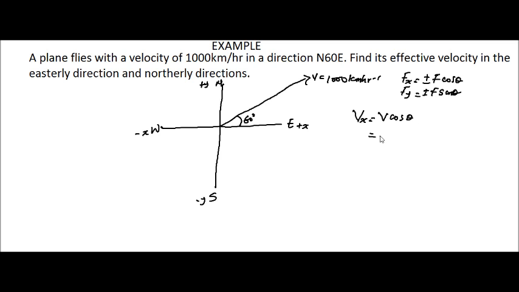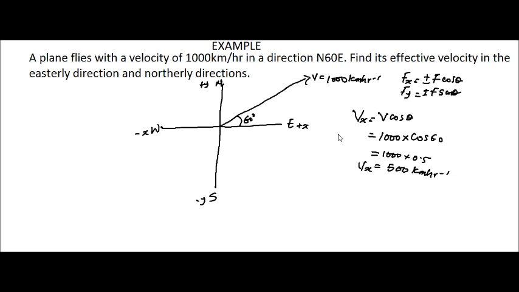So the velocity is 1000 times cos 60. That will be 1000 times 0.5. So cos 60 is 0.5, right? I'm very sure of that. So that will give us 500 kilometers per hour, so that is the effective velocity in the easterly direction.